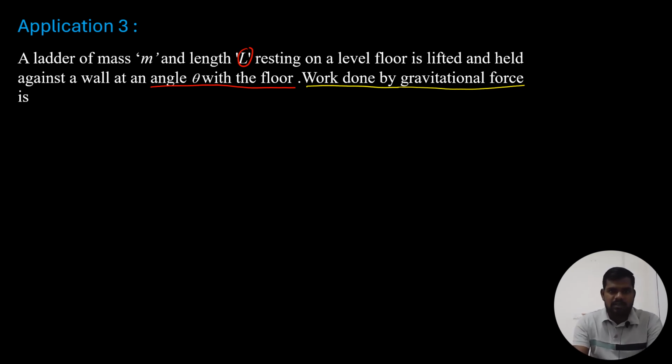According to this application, I will draw the diagram. Let's see how I draw it. First I will take one floor. This is the floor here. On this floor there is one ladder.